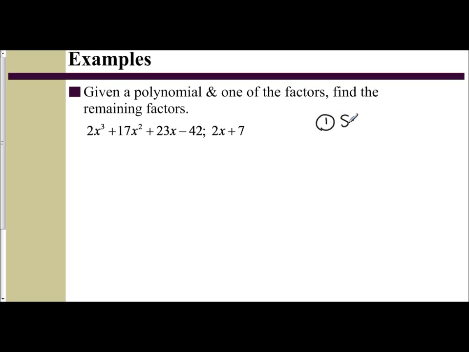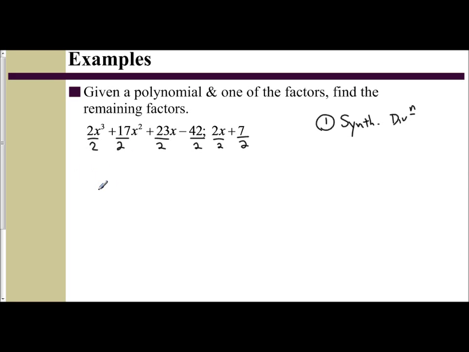And so the first thing we set up is our synthetic division. However, since our binomial does not have a leading coefficient of 1, we have to create it by dividing every term by the leading coefficient. So every term is going to be divided by 2. I always like to write down the polynomial I'm going to be doing synthetic division with and the factor now.